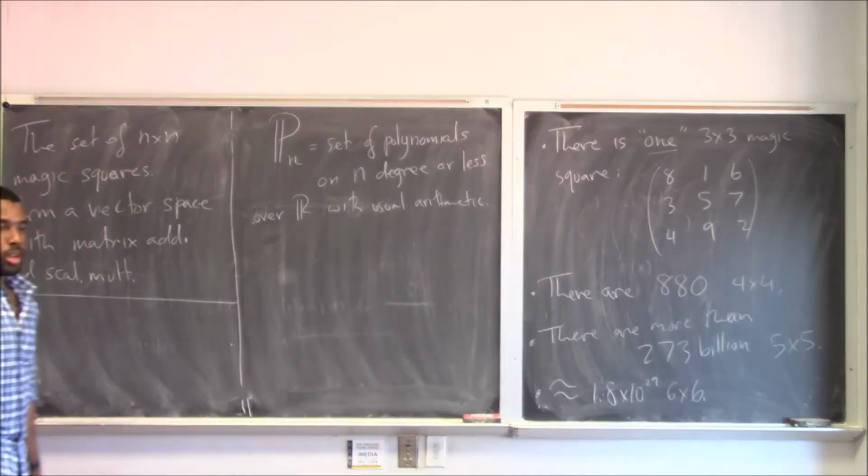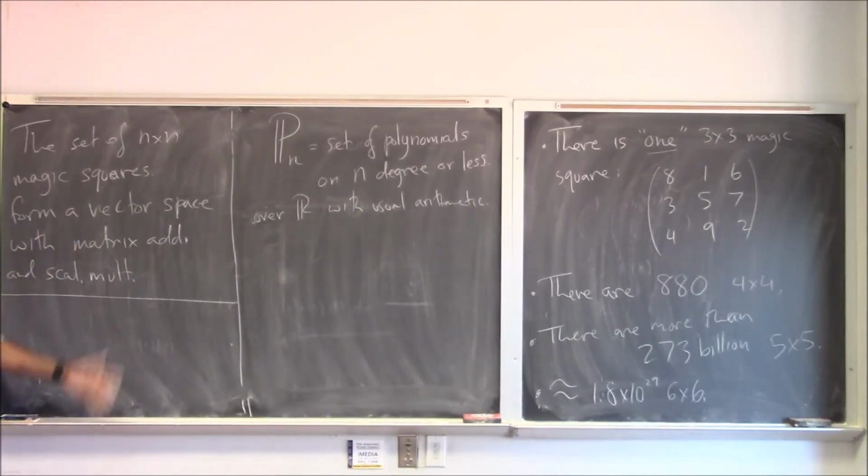We'll use this example a lot, and we'll prove things about it, and your homework will ask you about it. This set, the set of all polynomials of degree n or less.